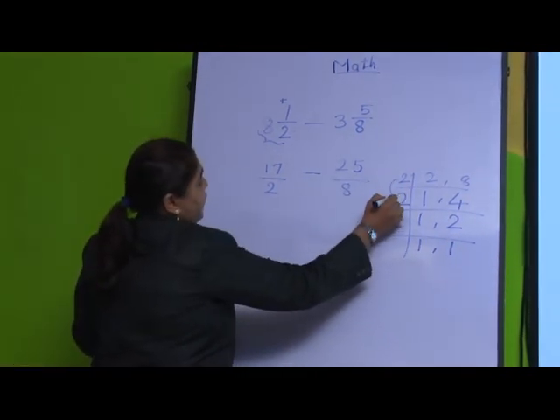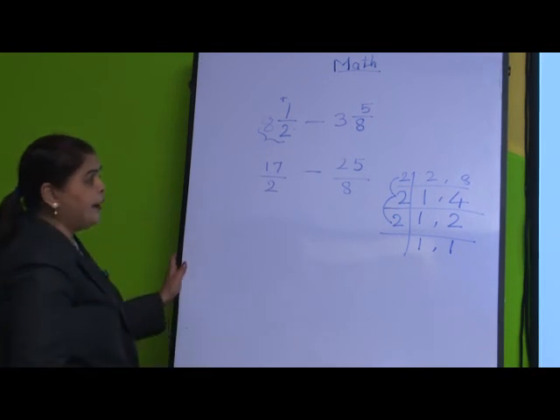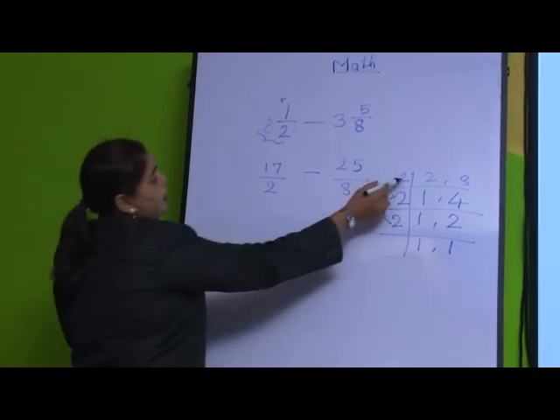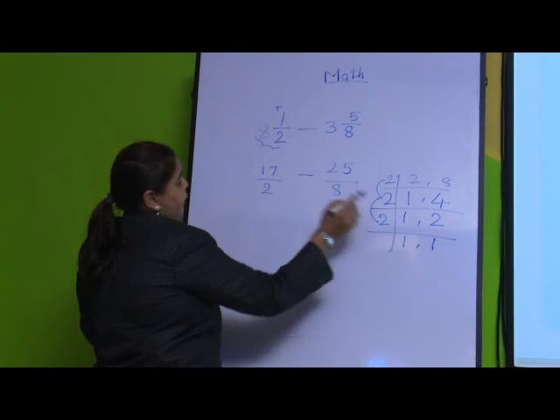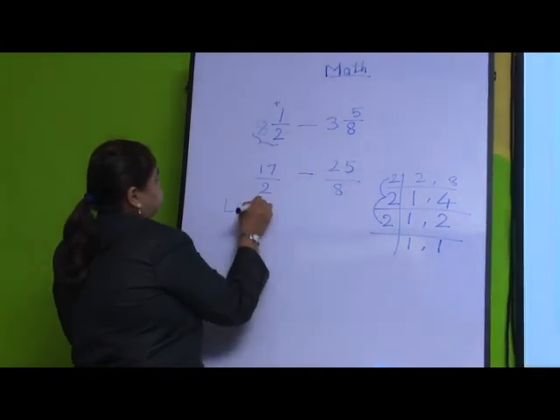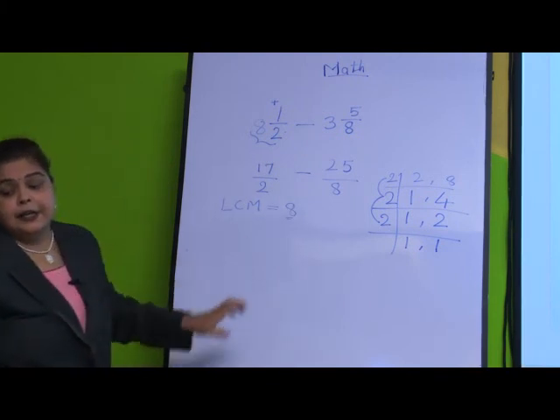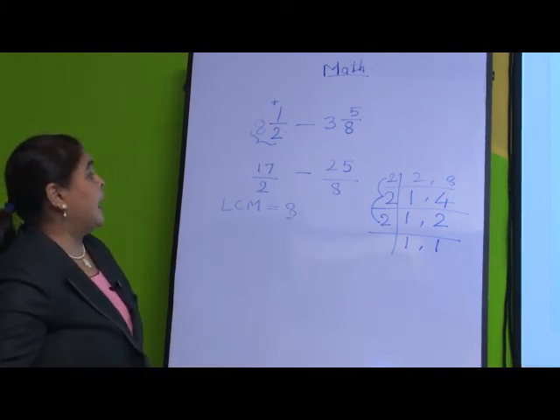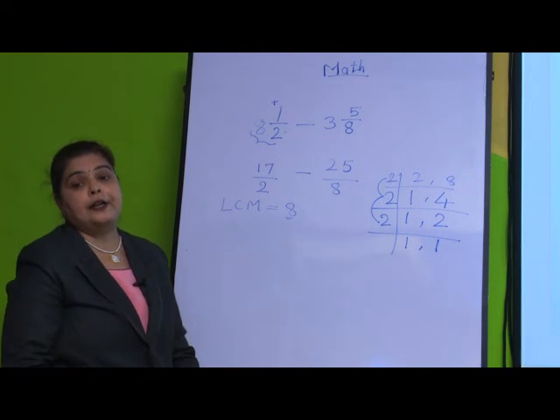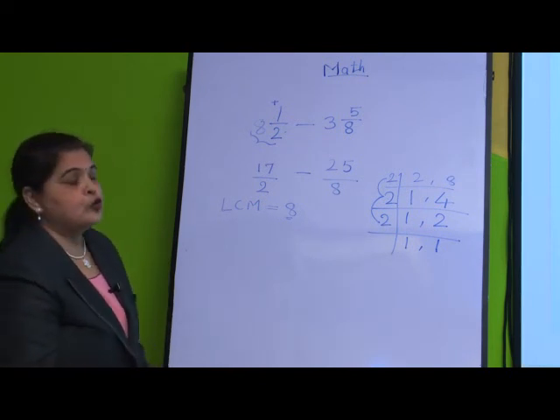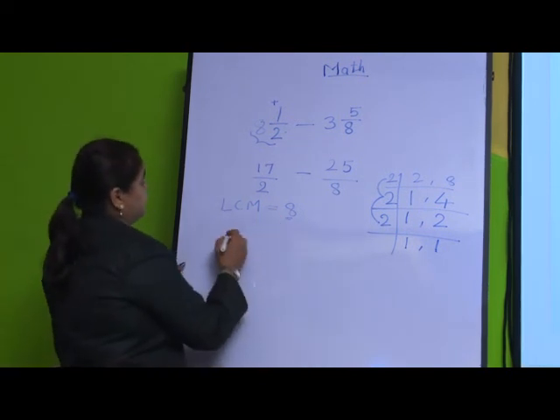We have to multiply these factors: 2 twos are 4, 4 twos are 8. So, your LCM is 8. Don't consider that when a big number is given in the denominator, you have to follow the same method. So, in short, you got the LCM as 8.